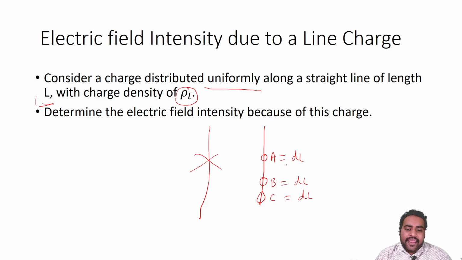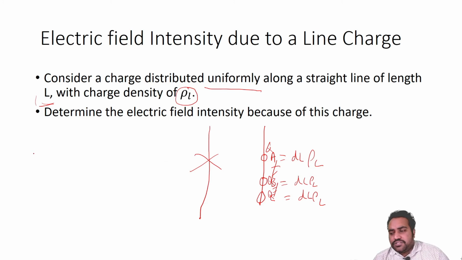Now, the charge in scenario A would be equal to rho L dl. Charge in scenario B should also be equal to rho L dl. C would also be equal to rho L dl. If that is the case, then this distribution is called uniform charge distribution. If not, if QA is not equal to QB, if it is not equal to QC, then this is called non-uniform charge distribution.